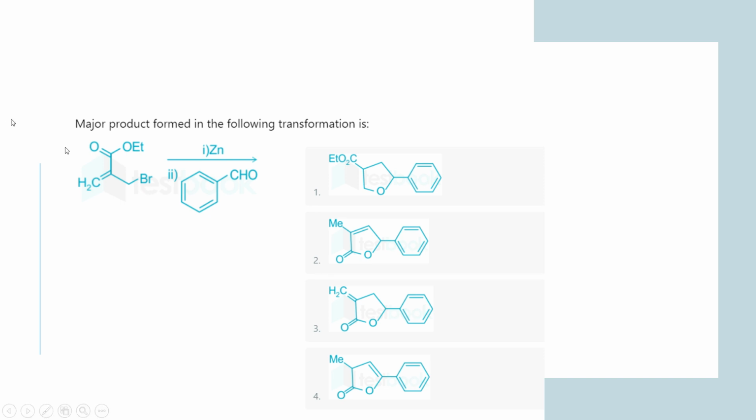Okay, so you are given an ester here which is containing this bromine substituent, and this ester we are treating with zinc in the first step, and when zinc reacts with this bromoester, we will add benzaldehyde to the reaction medium. Okay, so this is a step by step reaction, and to know the final major product formed in the transformation, let us go step by step how this reaction is proceeding.